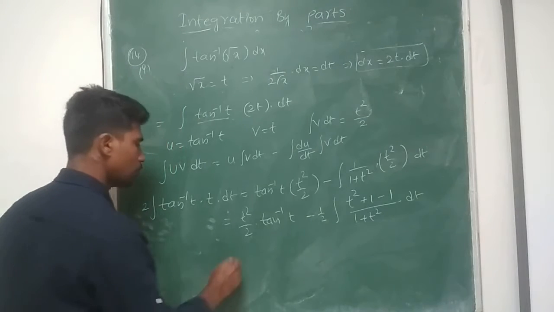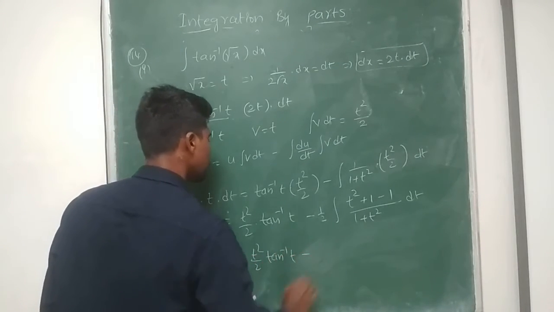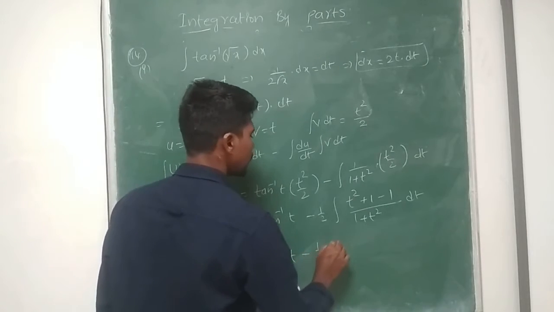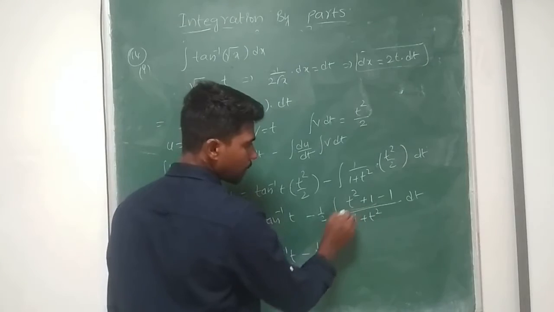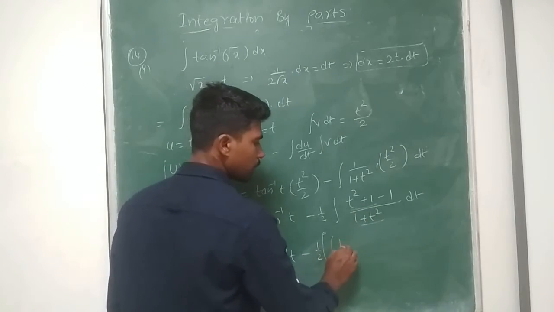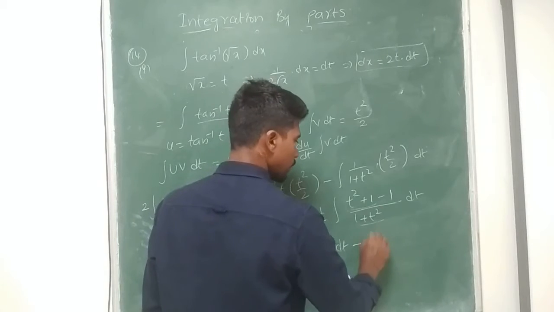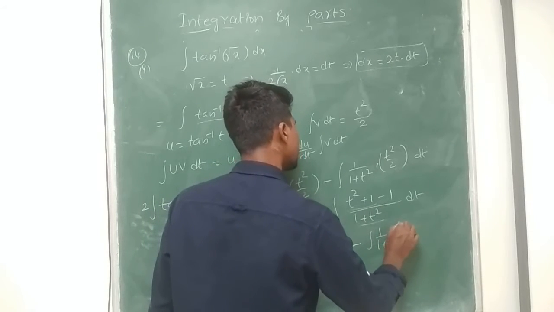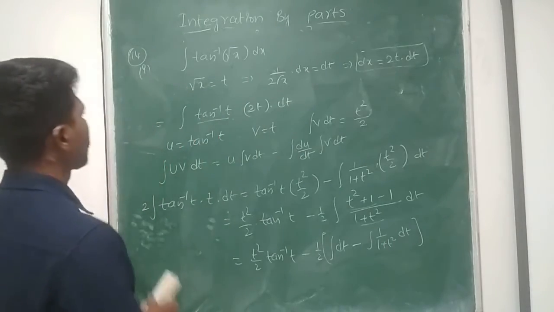Okay, so now this is equal to t square by 2 tan inverse of t minus 1 by 2 integral (t square plus 1) by (1 plus t square), which is nothing but 1 dt, minus integral 1 by 1 plus t square. Simplify.